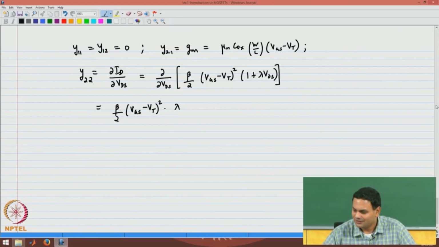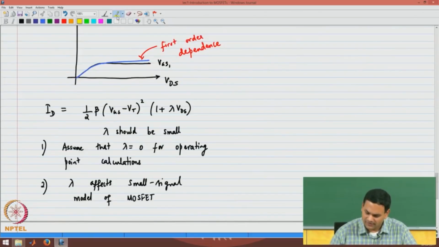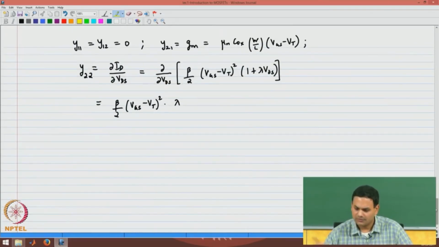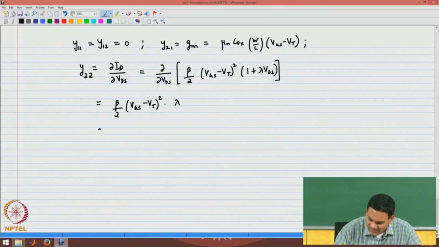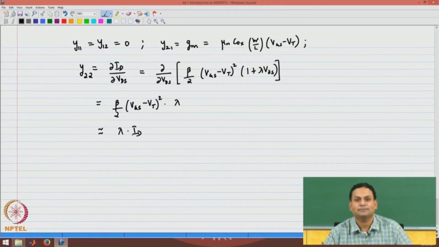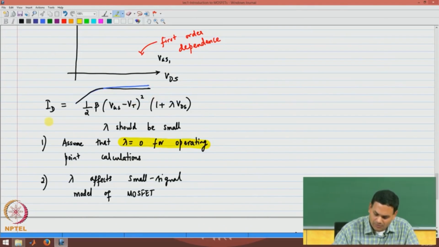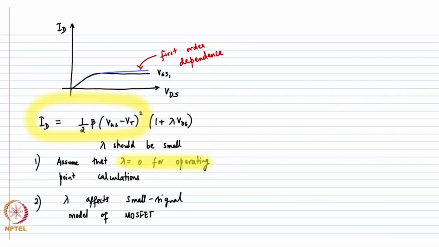Now we will make one more approximation. Remember that we said lambda is 0 for the operating point, and therefore we will say that this is approximately equal to lambda times id. The approximation we are making is that lambda is so small that id can be approximated to this expression alone.